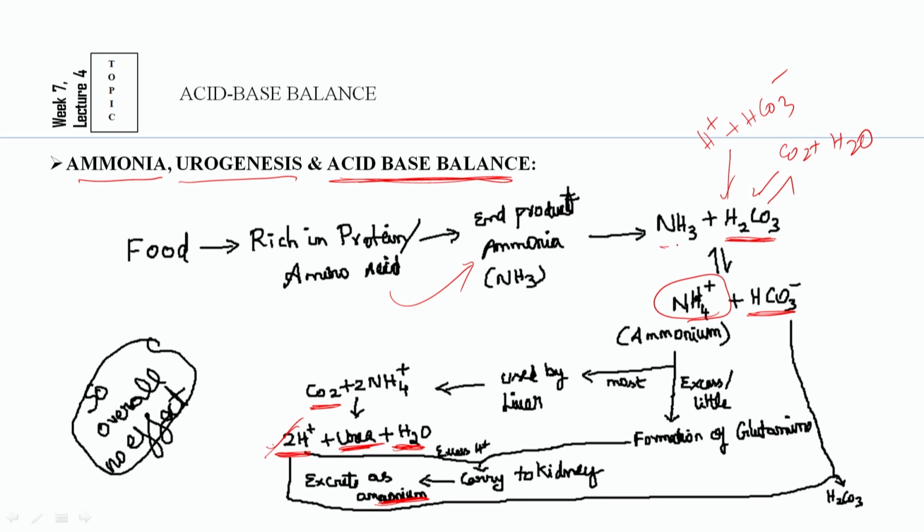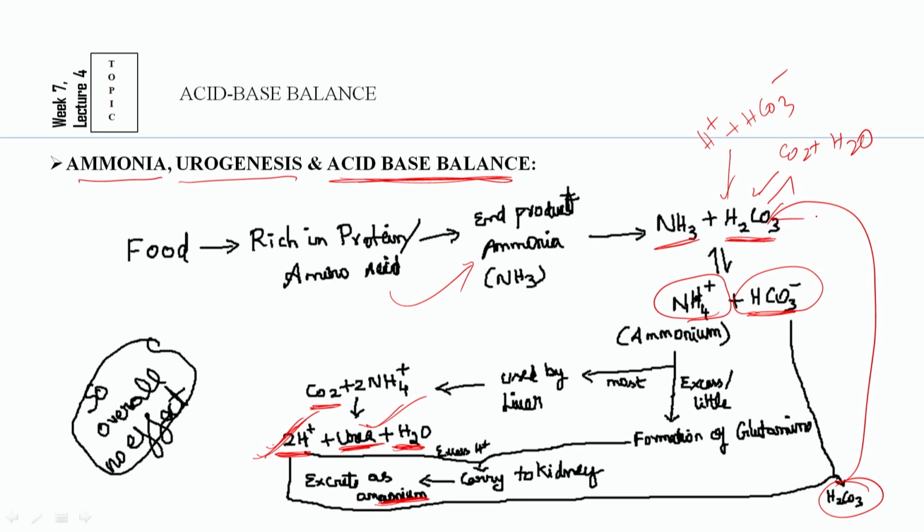Now see, the highly toxic ammonia gets converted into urea here, which is less toxic. Now what happened to this bicarbonate ion? This bicarbonate ion will react with the hydrogen ions and liberate carbonic acid. This carbonic acid will be reutilized for the conversion of ammonia into ammonium and ultimately into urea.